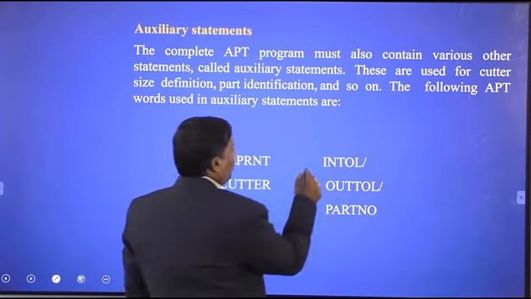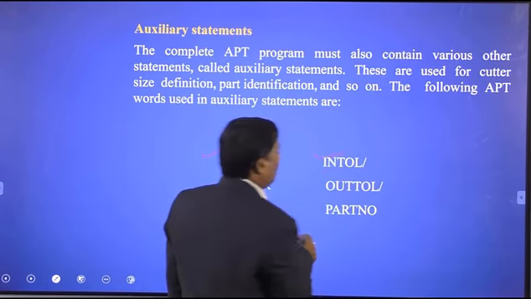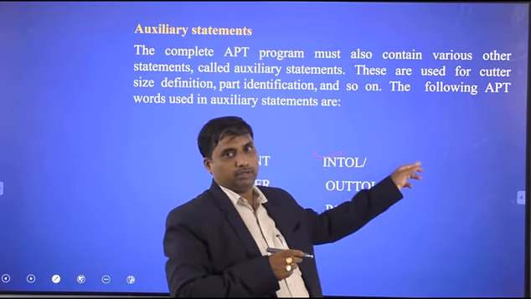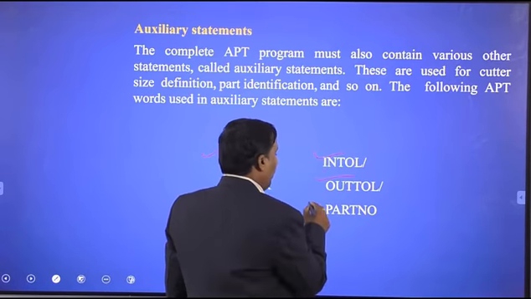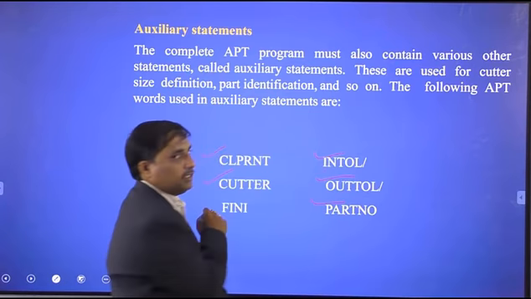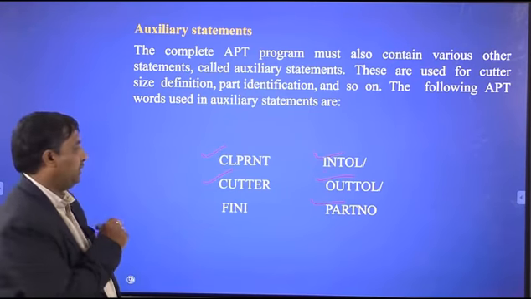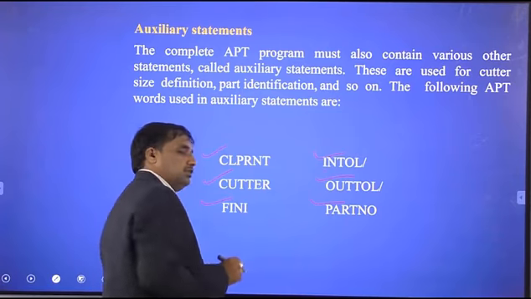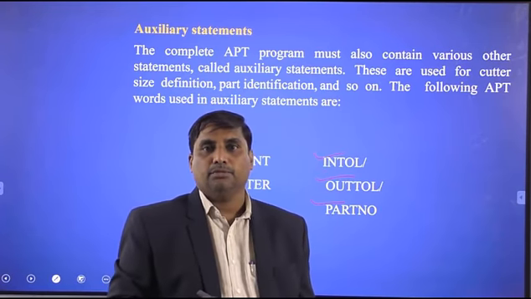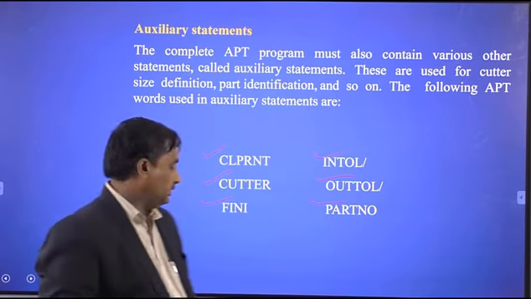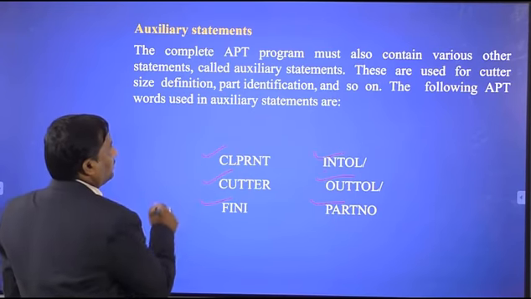Next one is internal tolerance, INTOL, meaning internal tolerance. Here we have to give the value. And here OUTTOL, external tolerance. Part number, cutter, either drill bit or milling cutter or whatever it may be. FINI, that means stopping the material removing operations. Okay, these are the auxiliary statements.